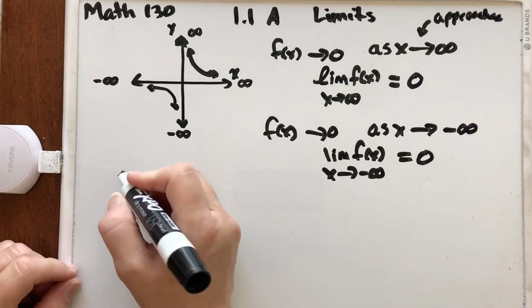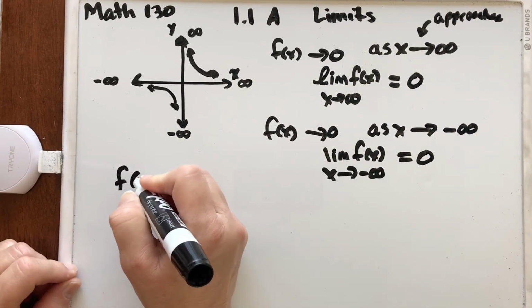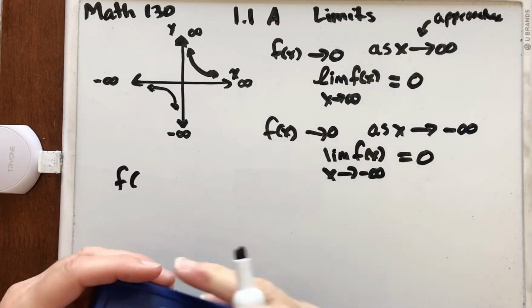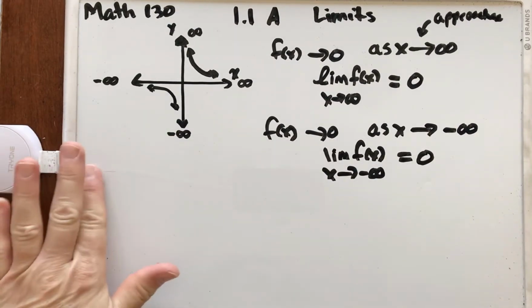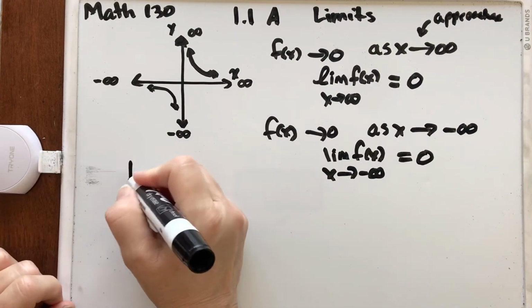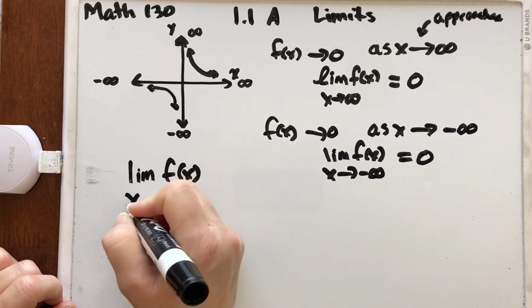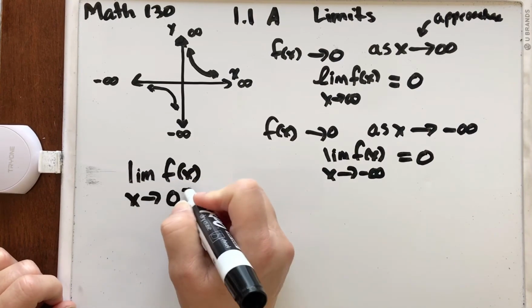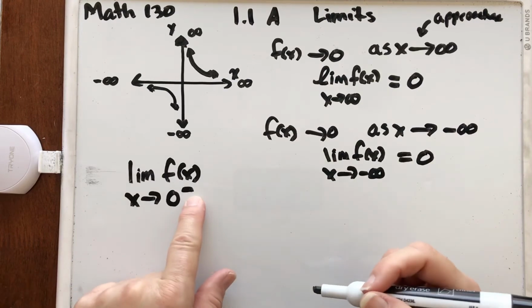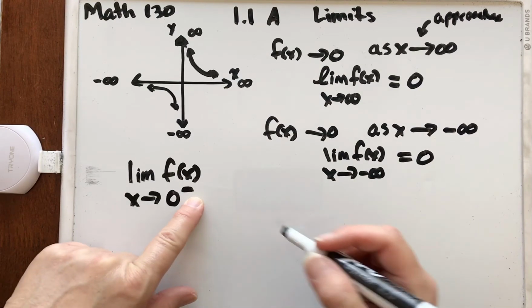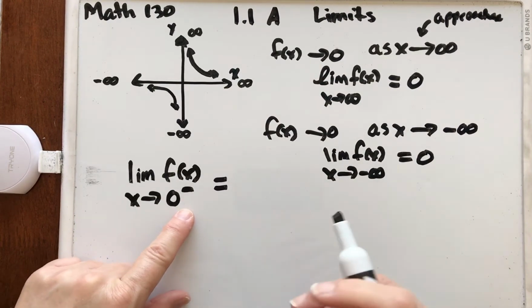Okay, now let's look at something different. Okay, so now let's look at the limit of f of x as x approaches 0 from the left. This little negative sign means from the left. Okay, so let's look at it.